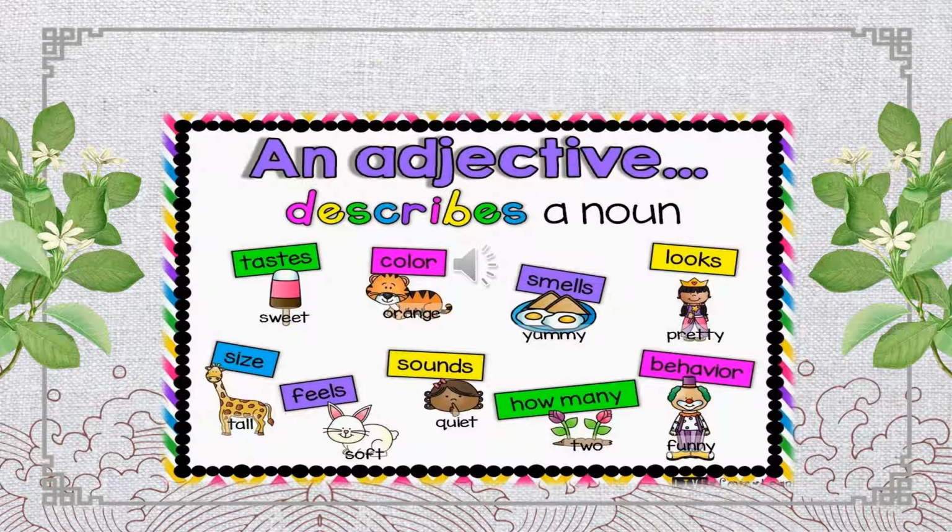How many? 2 flowers, 4 flowers, 10 flowers, many flowers. Behavior, funny, rude, polite. All these are the words which describe the situation, the condition, the feeling, or how a noun appears, appearances and all. That's why these words are called adjectives or describing words.